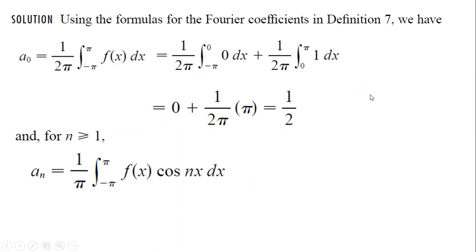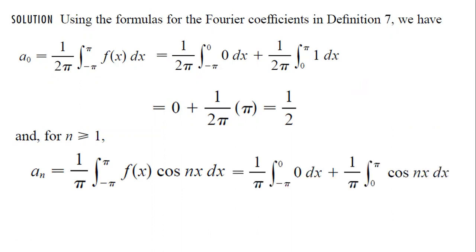Now for the second coefficient, a sub n, recall this formula. So 1 over pi. Again, our function is piecewise. From negative pi to 0, the value of our function is 0, times cosine nx, which gives us a 0 value. That's why we have here 0 dx.